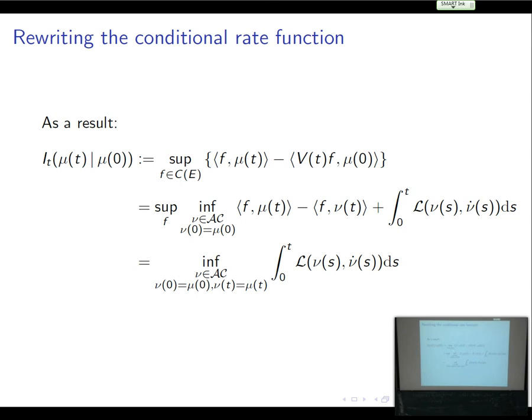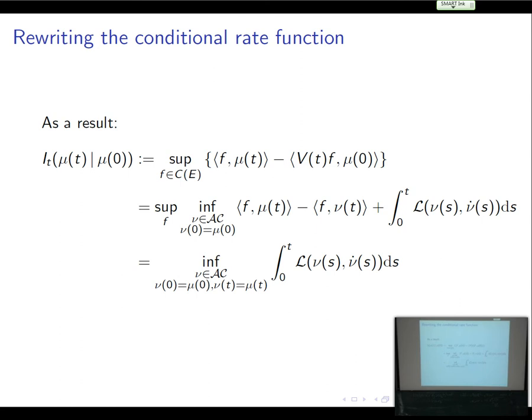But then I want to take the infimum. So all the trajectories that give infinity will not be picked by my infimum. So I can just throw these out. So this would mean that I actually have to take the infimum over all trajectories that start in mu naught and end in mu t.